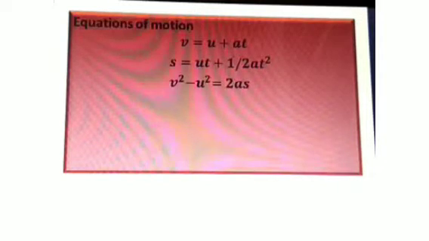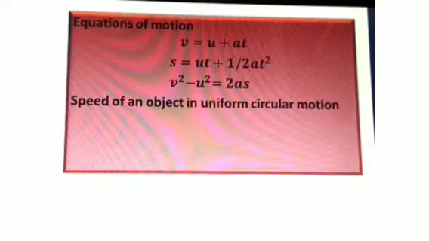They are v = u + at, s = ut + 1/2 at^2, v^2 - u^2 = 2as. Speed of an object in uniform circular motion is given by v = 2πr/T.